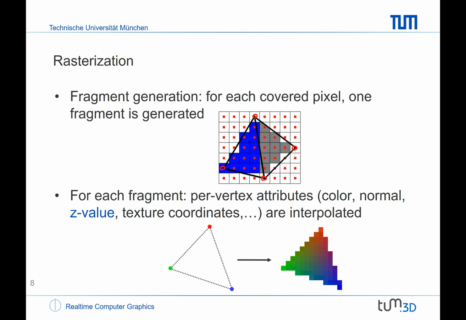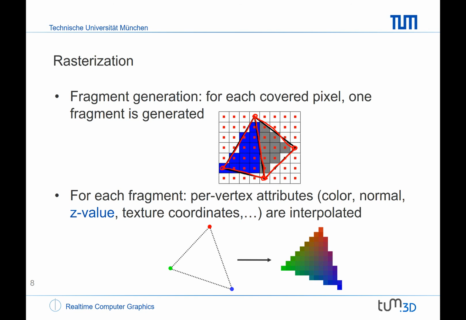And then the rasterizer, by whatever method, simply determines for every triangle which are the pixels that are covered by that triangle. Here the rasterizer, for instance, just tests the pixel centers. So if a pixel center is inside a projected triangle, then that pixel is covered. If that pixel center is outside, then the pixel is classified as not being covered.